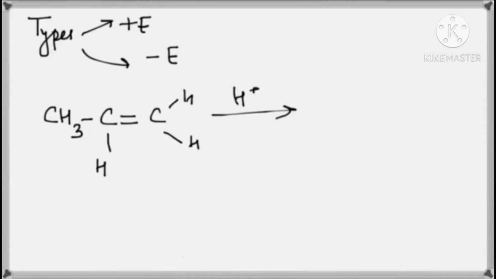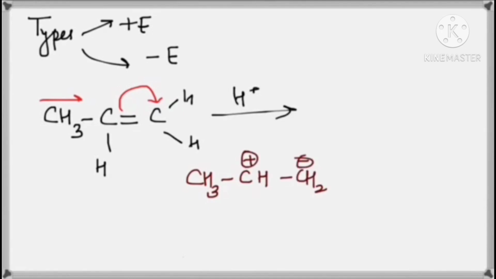So you know now that the electrons will shift from CH3 to the right and the bond will break like this, and what we get is CH3 CH plus CH2 minus, and this CH2 minus will take up this H plus.